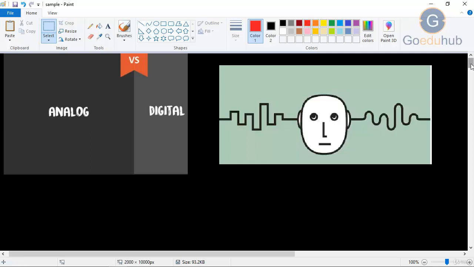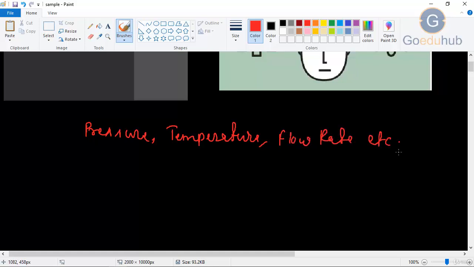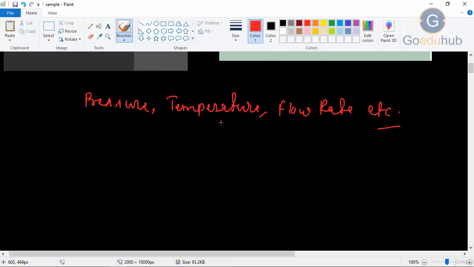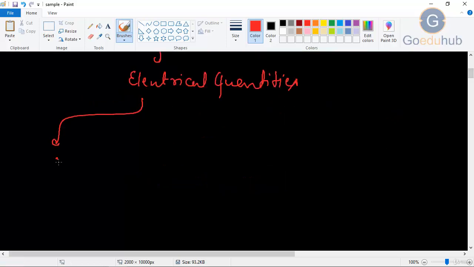So in order to represent pressure, temperature and flow rate, we can use electrical quantities such as voltage and current.